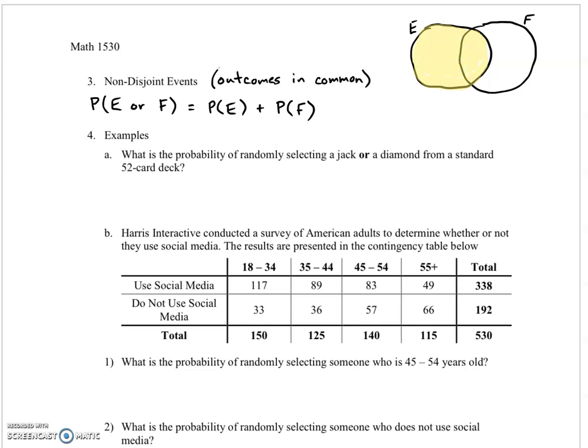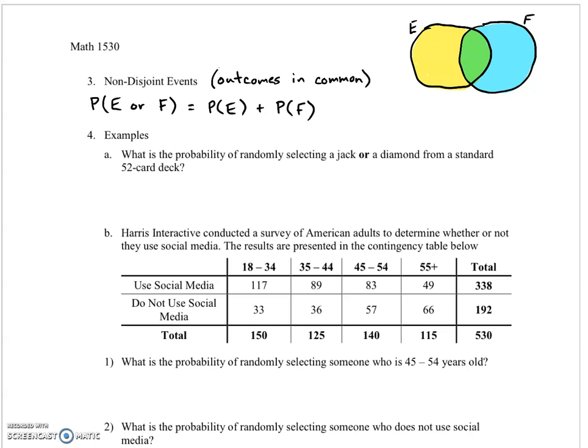And when we do the probability of F, it's everything that I'm shading blue right now. So what do you notice about the Venn diagram?